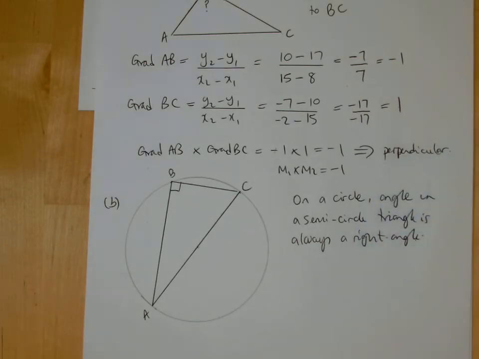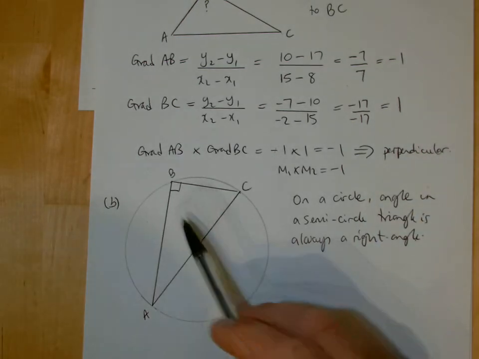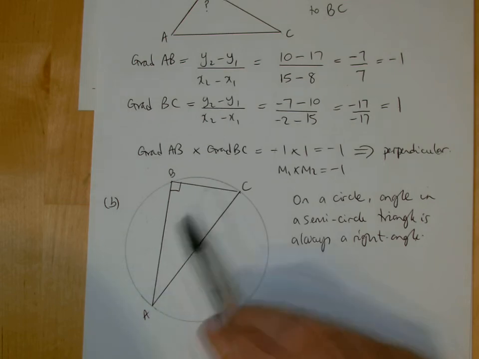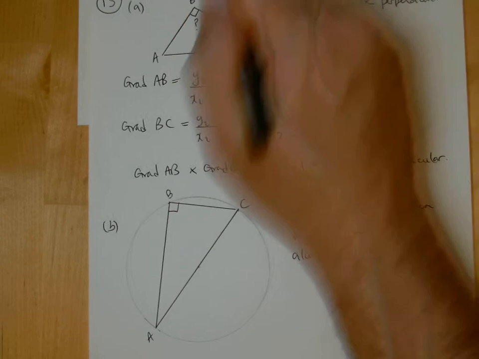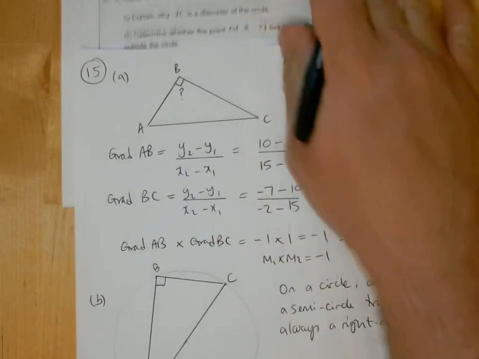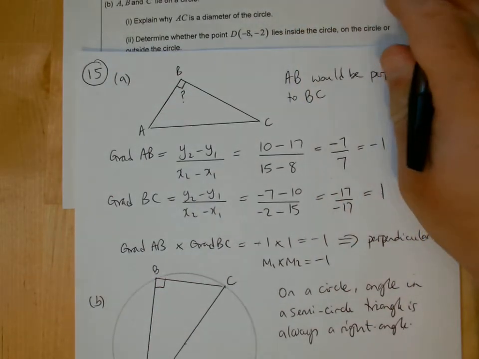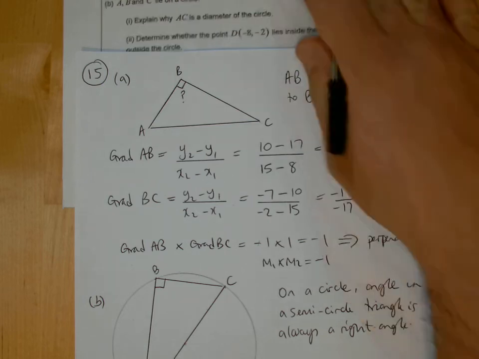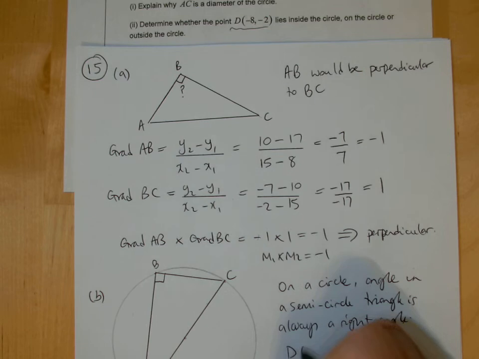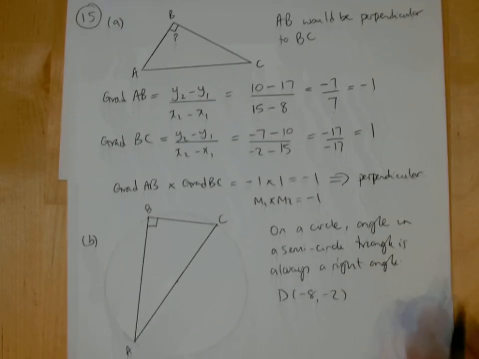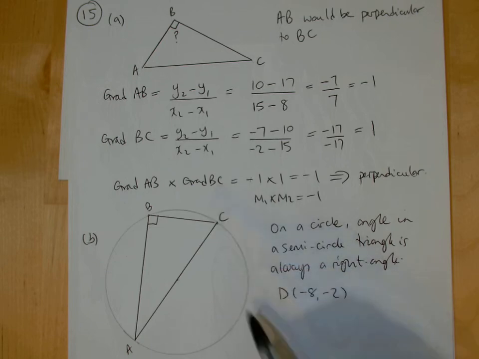That's just stating a fact, that the angle in the semicircle triangle that's been created here is always a right angle. Then it says determine whether the point -8, -2 lies inside the circle, on the circle, or outside the circle. So we've got this point D, -8, -2, and we've got to determine whether it's in, on or outside the circle.